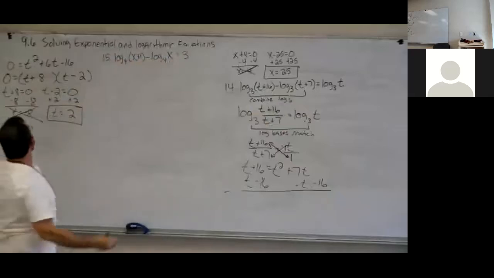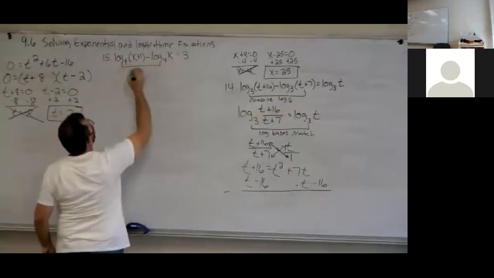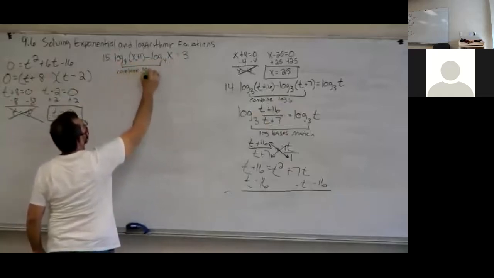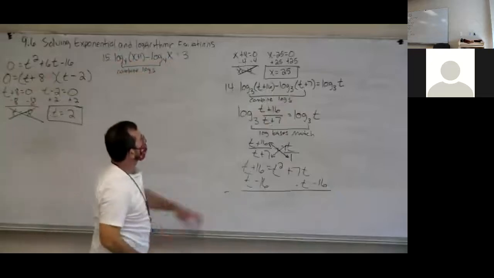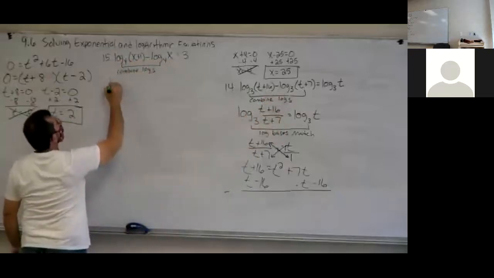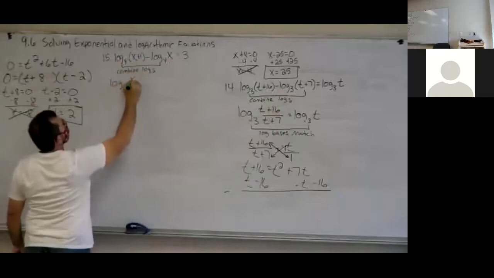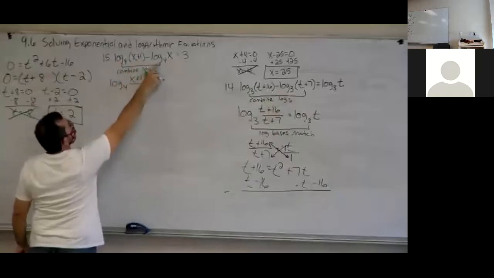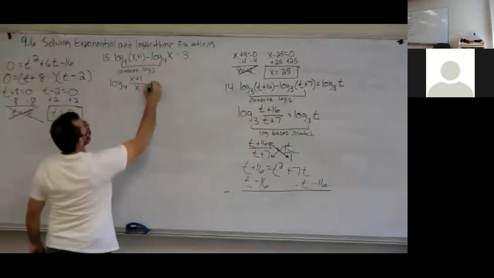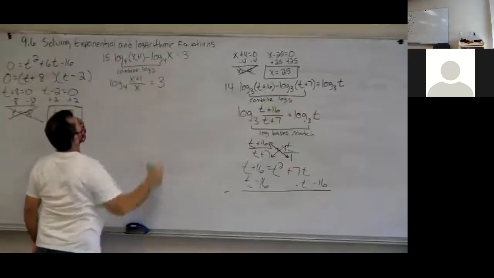They're being subtracted, so they're going to look like division. Okay? So same thing here. I wrote it as the quotient. So this would be a log base 4 of x plus 1 on top over, since this is being subtracted, the x goes on bottom. And all that's going to equal 3.